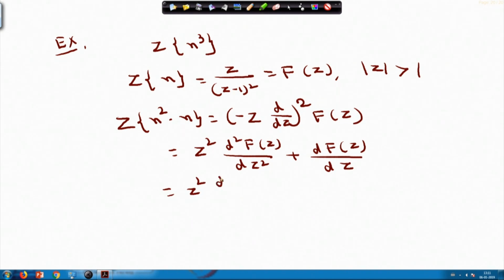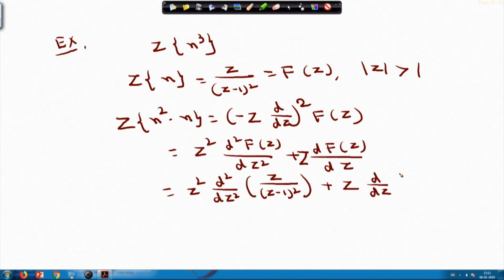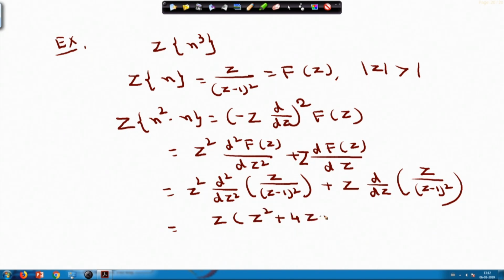So this is d square d z square of z by z minus 1 whole square, one term, and then z into d dz of z by z minus 1 whole square. Simply differentiate for the first case twice, for the second case once, and your ultimate result will be this. Please check for yourself whether it is correct or not.